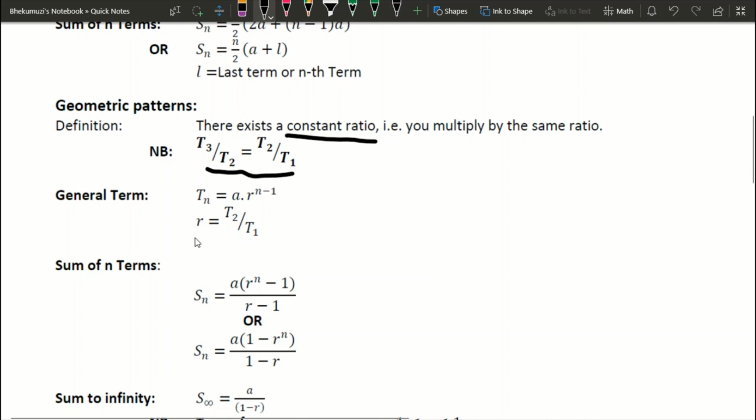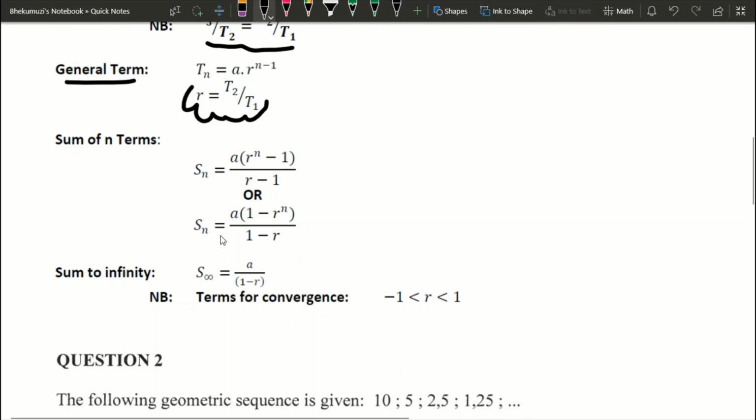Now this constant ratio in the general formula form is r equals t2 over t1. And this gives us the general term, or the general formula, for a geometric pattern or geometric sequence.